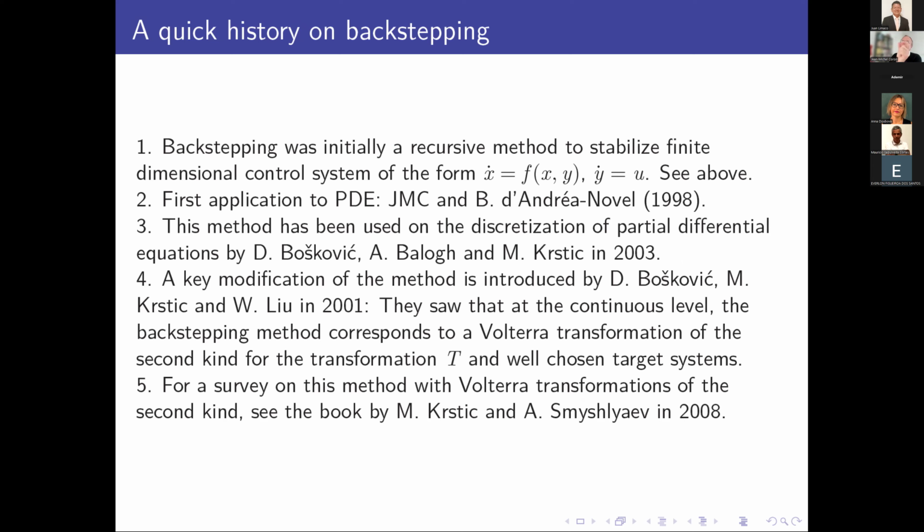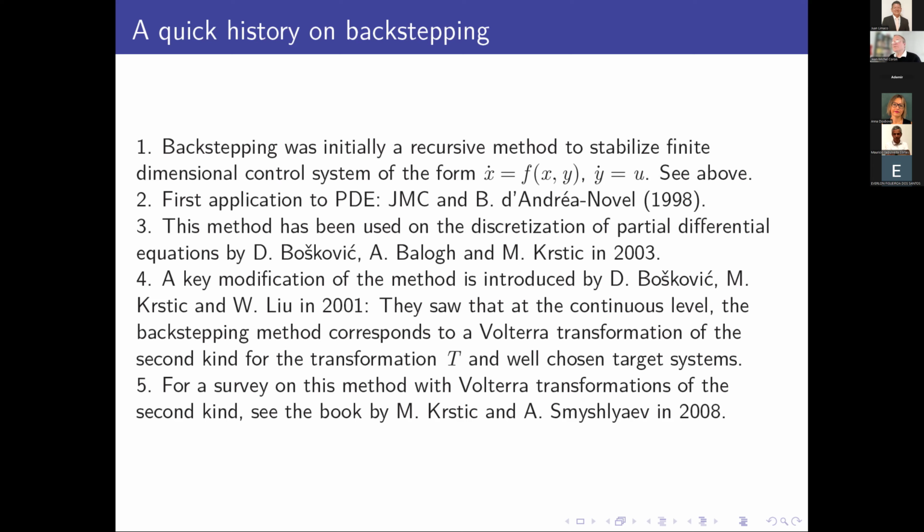The mesh of the discretization goes to 0, and you see that it's equivalent to trying to transform the PDE into another one by a transformation of the second kind, a Volterra transformation of the second kind, and I'm going to show you that on our system.